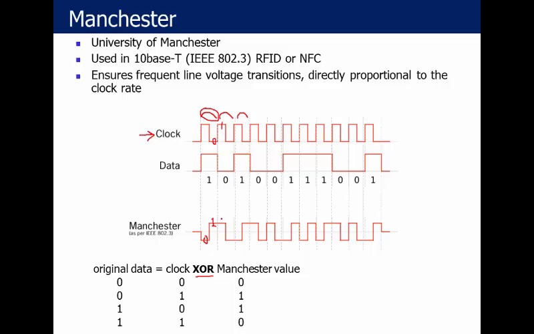So we have 1 here. 0 exclusive OR 0 means 0. Another pulse, 1 exclusive OR 1 is 0. 0 exclusive OR 1 is 1. So this Manchester code is very simple to generate by exclusive OR operation.